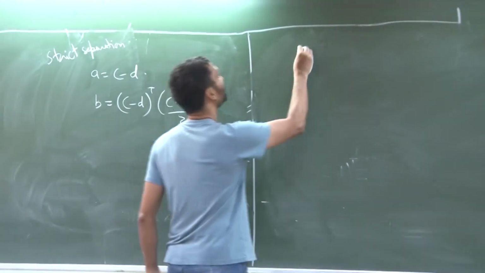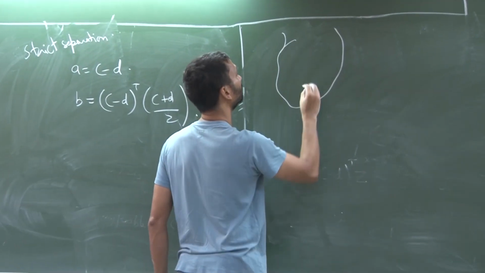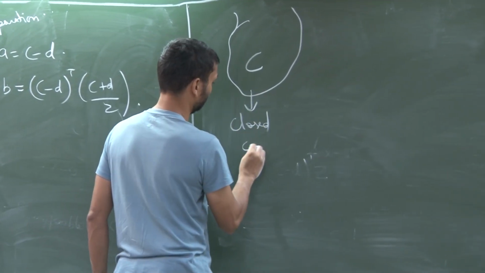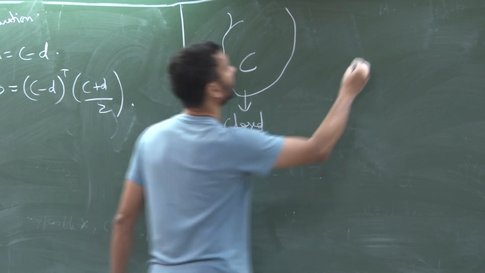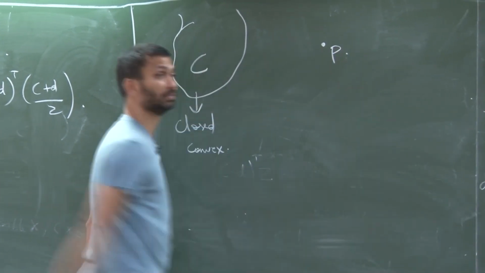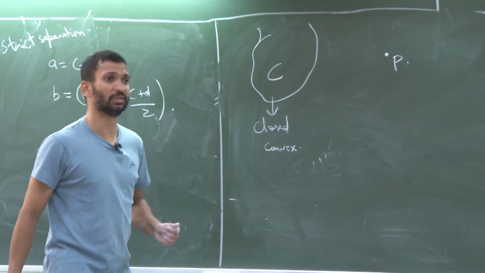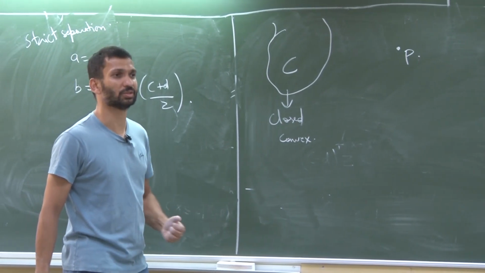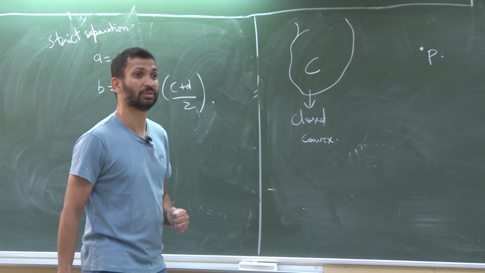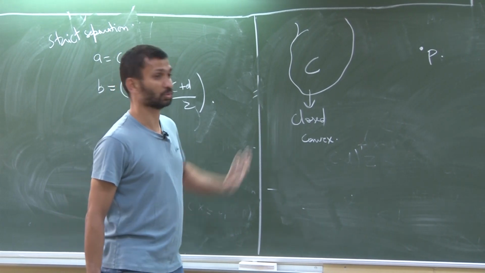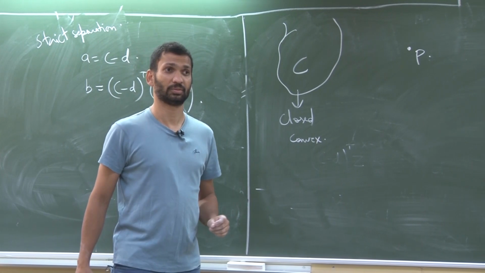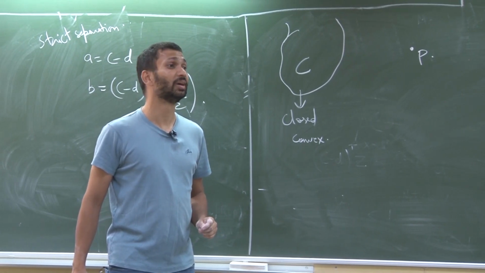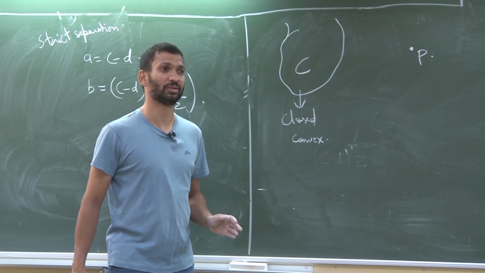So now, suppose I have a closed convex set C and a point P, which is not in C. What can I say? Weak separation, middle separation, strict separation. This is closed. How many for strict?